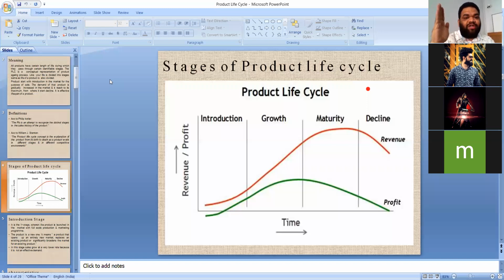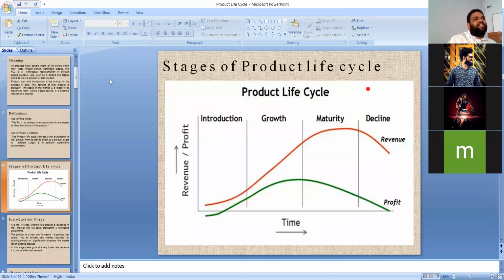Hope you understood. Every stage is very important, and if you are sustaining long in all the stages, maybe the introduction stage, growth stage, maturity stage, and decline stage, whatever. Then see, we have taken time on the x-axis.